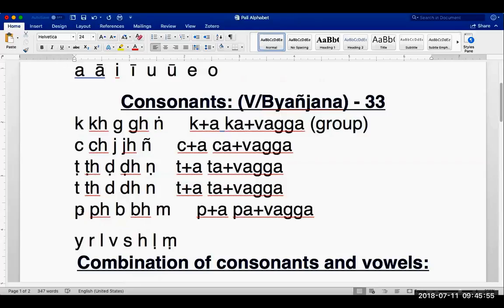And then the last group of 5 letters we call Pavagga, and here they're called labials. We use our lips. We already have used u and o, these two vowels, and Pavagga: u, pa, pha, ba, bha, ma.